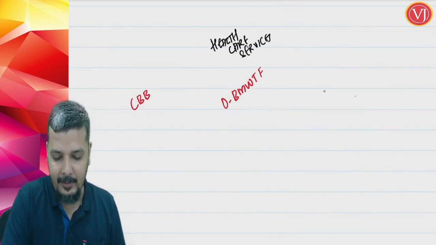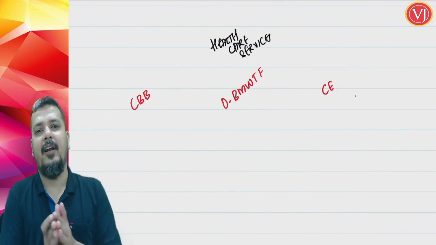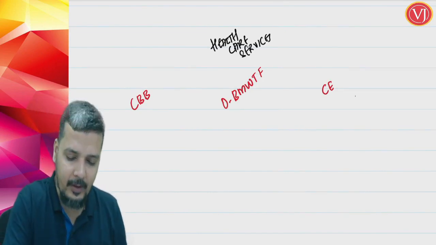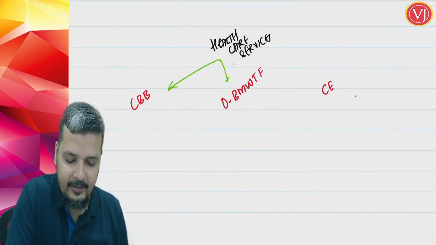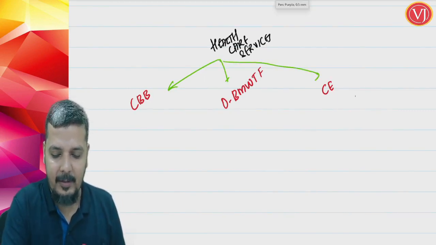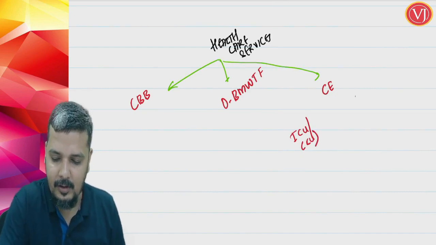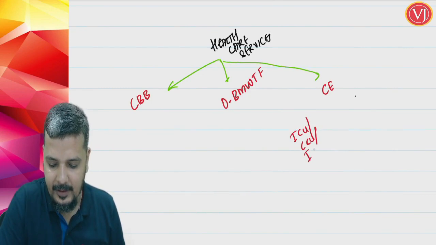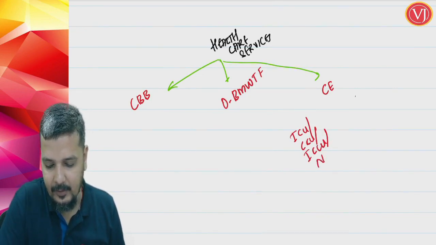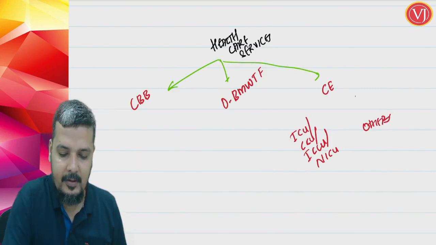Previously for clinical establishments, hospitals, for authorized medical practitioners and paramedics, there is no change. So we'll be discussing where there is change. When you're talking about clinical establishment, whether we were talking about ICU or CCU or ICCU or NICU, others, right?